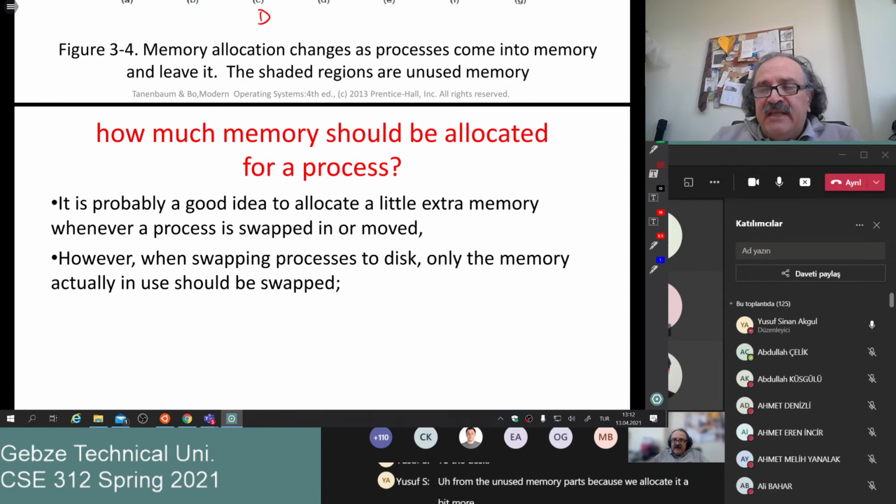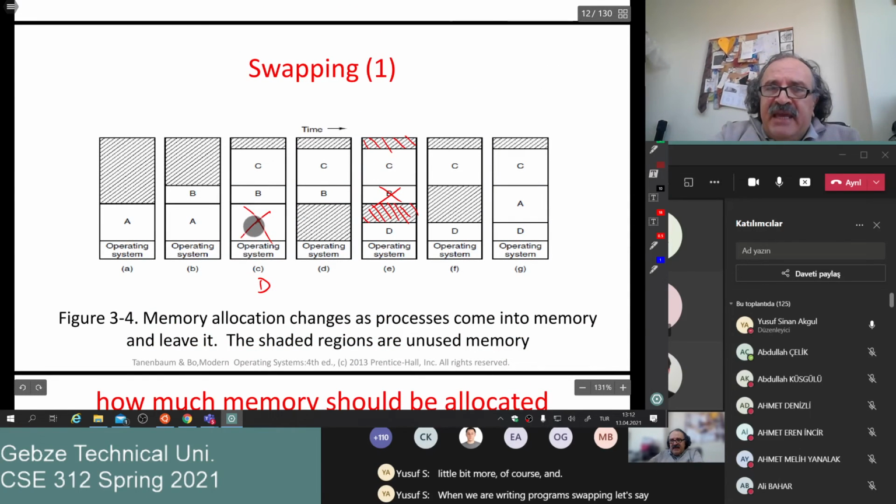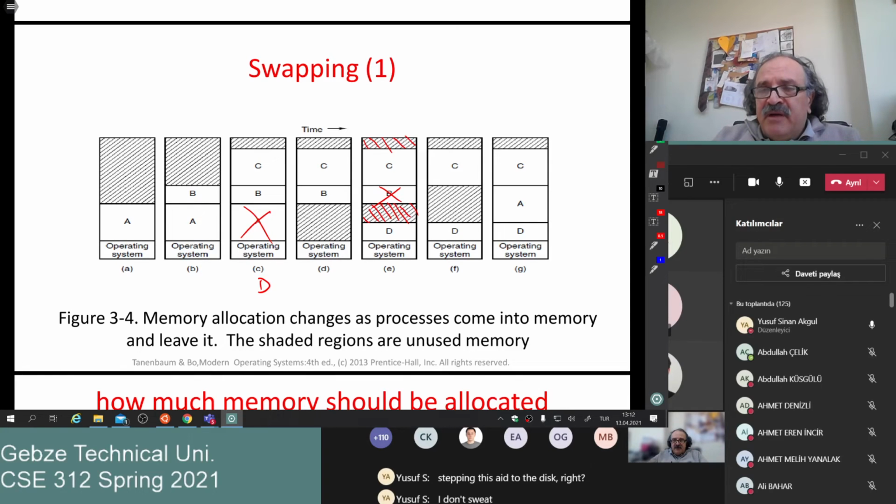And when I am swapping, let's say I am swapping this A to the disk, I don't swap the parts of the memory that correspond to the code. Why? Because code doesn't change.